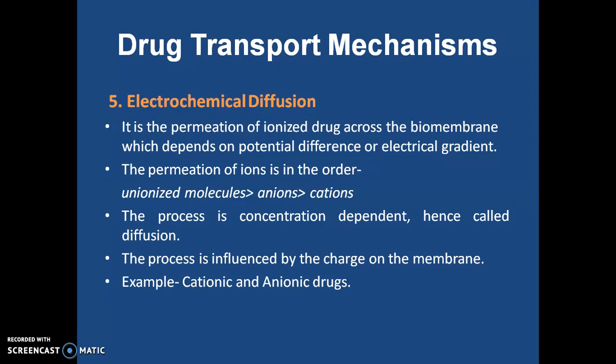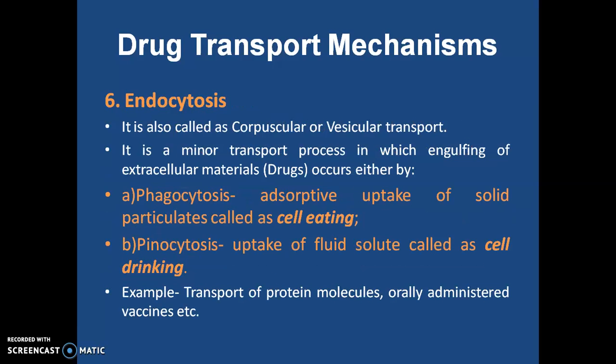The permeation of ions is comparatively lesser than for unionized molecules, and comparatively higher for anions compared to cations. The process is concentration dependent, hence called diffusion. Examples include cationic and anionic drugs.